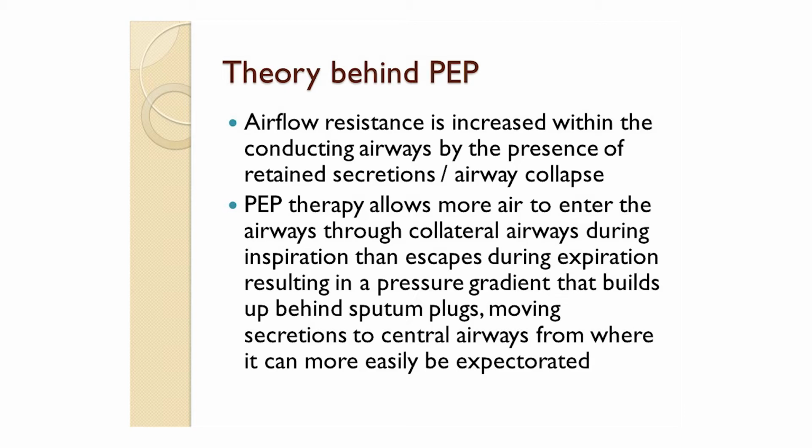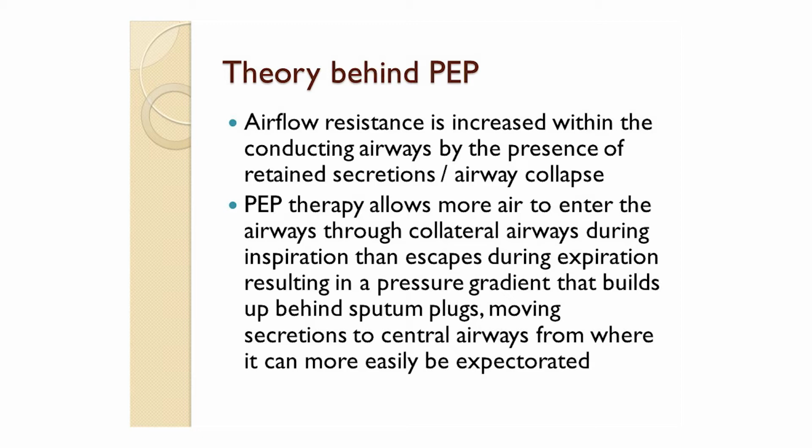Airflow resistance is increased within the conducting airways by the presence of retained secretions or airways collapse. PEP therapy allows more air to enter the airways through collateral channels during inspiration than escapes during expiration.